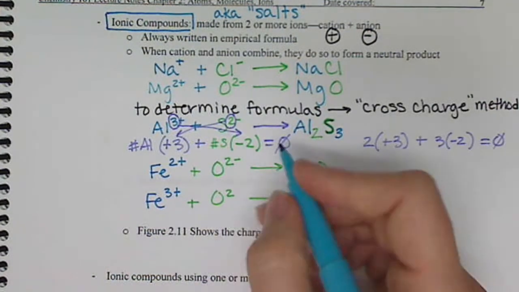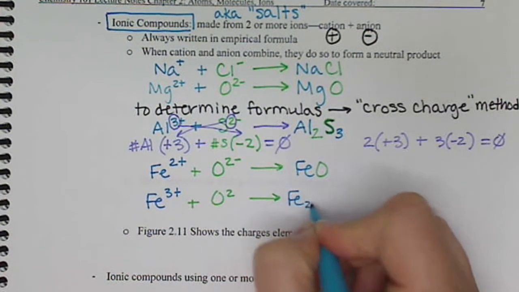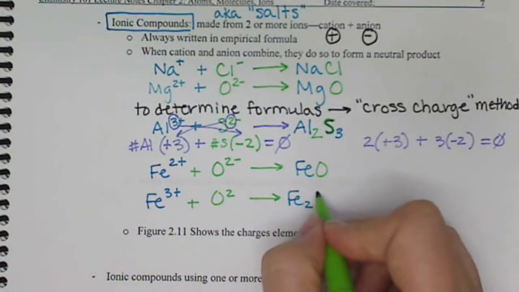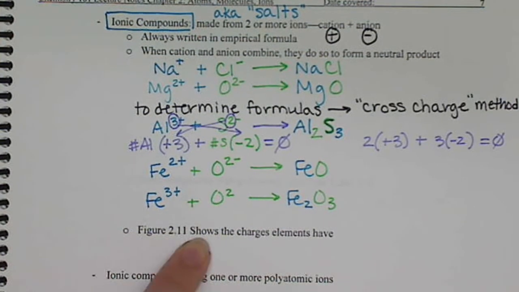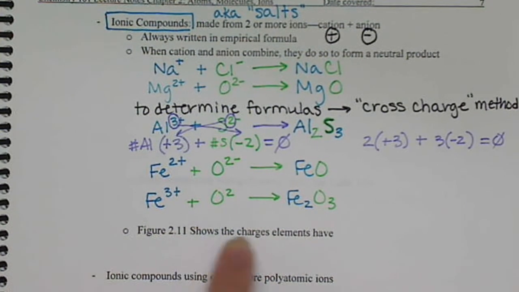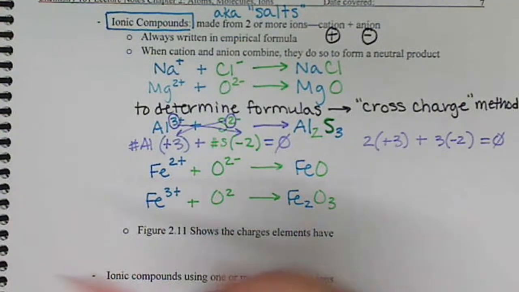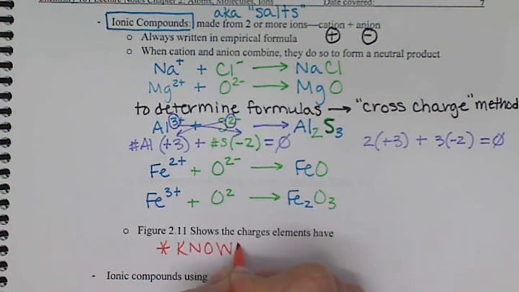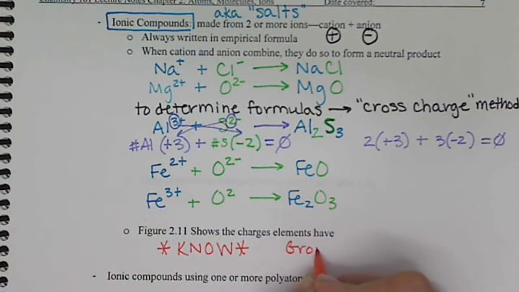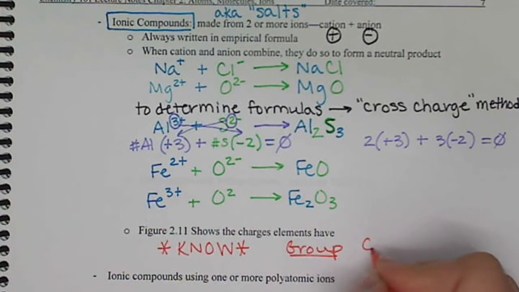In our bottom one, we have to have 2 irons for every 3 oxygens. And again, figure 2.11 shows the charges that your elements have. We talked about this in the previous video, but you need to know these. And that's where it shows your group number and its charge.